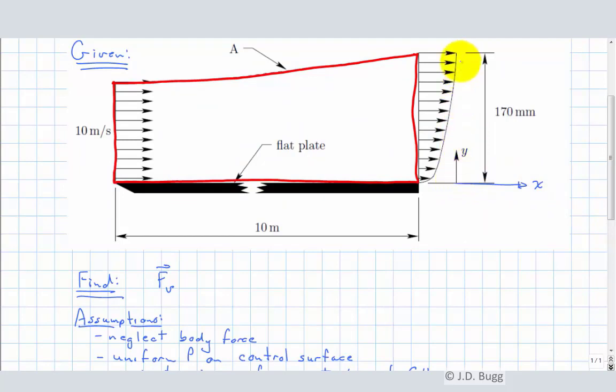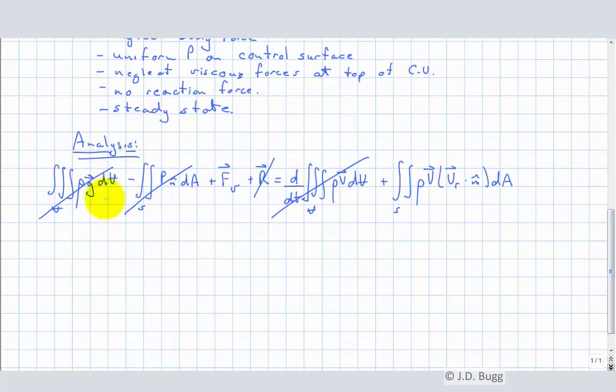Y is the distance away from the plate. We'll call this x, the streamwise direction. So the force we're after is certainly in the x direction. So what I'm going to do is just extract the x component of this. So I'll take the x component of this force, just call that F sub x, and then we only need to consider the x component of this. But everything is flowing in the x direction here anyway.